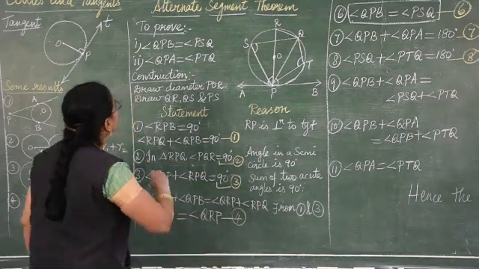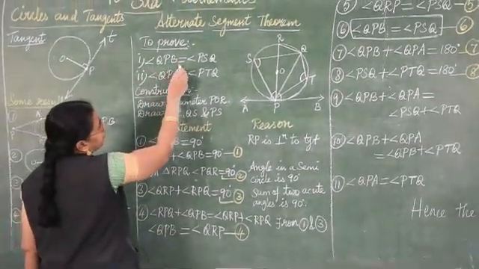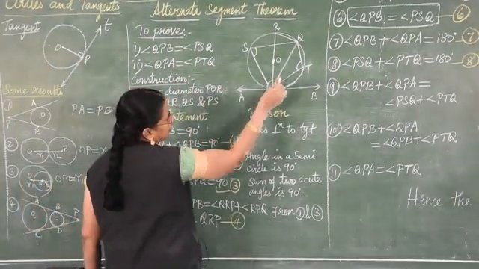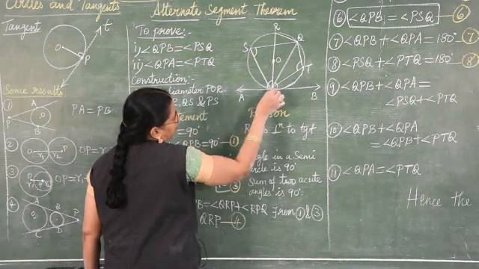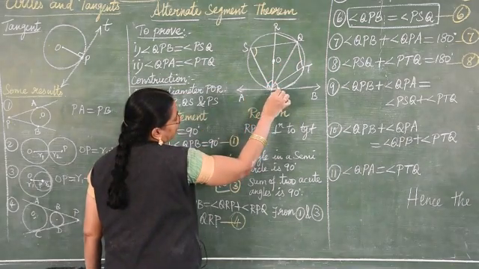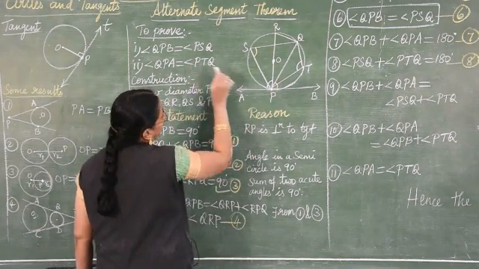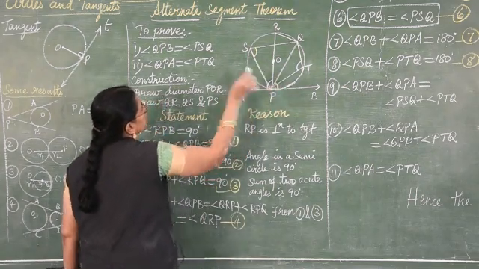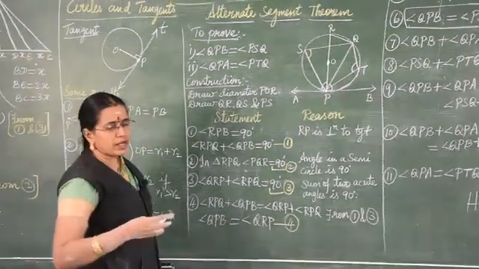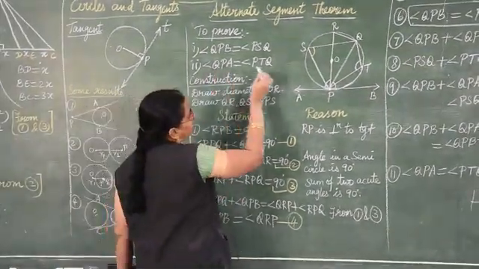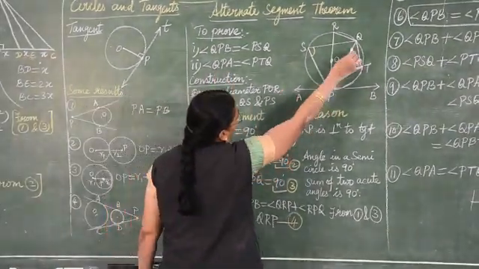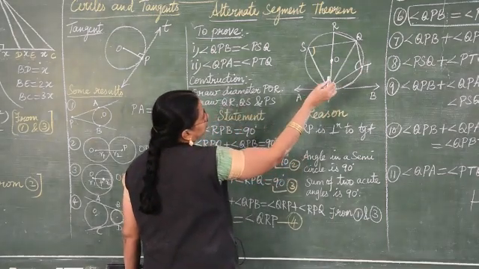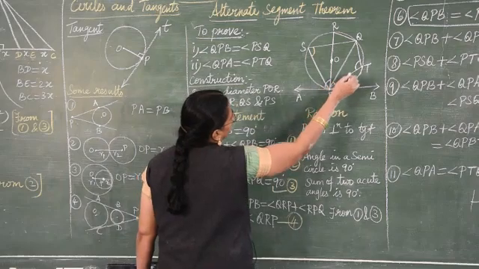Angle QPB equals angle PSQ. These two angles are equal, we are going to prove. And one more, the second angle QPA, equals angle PTQ.